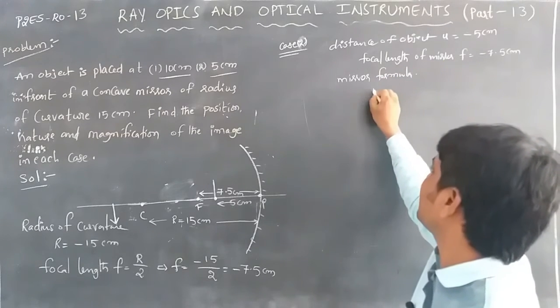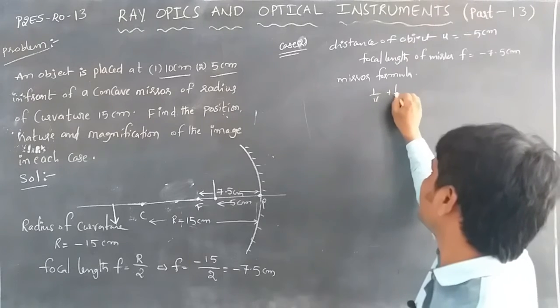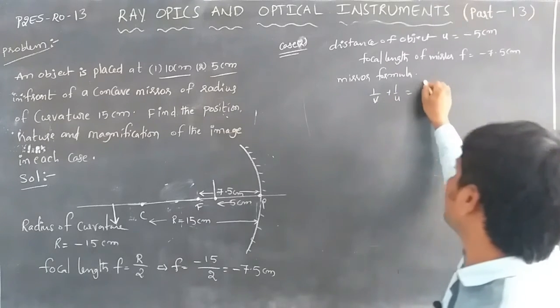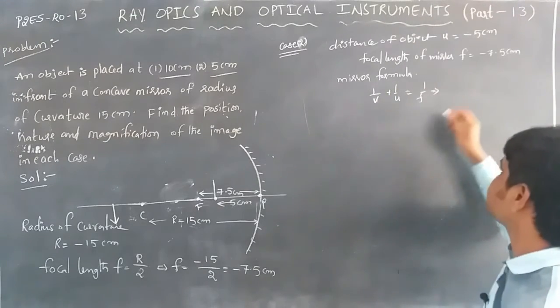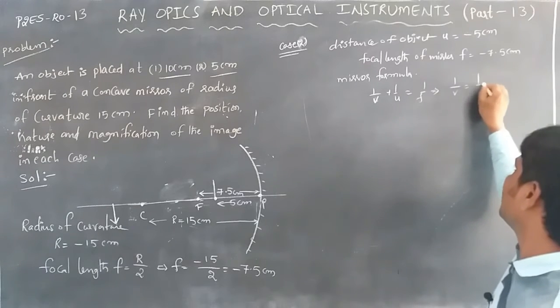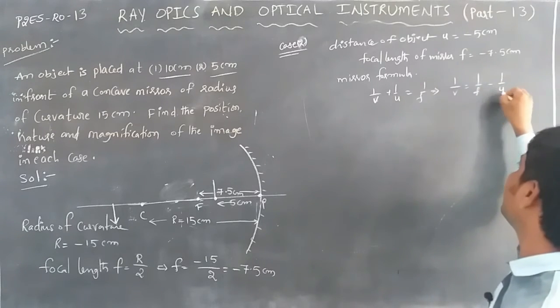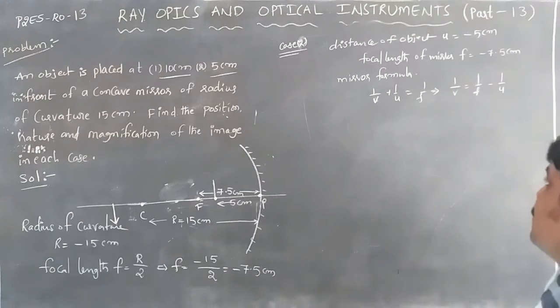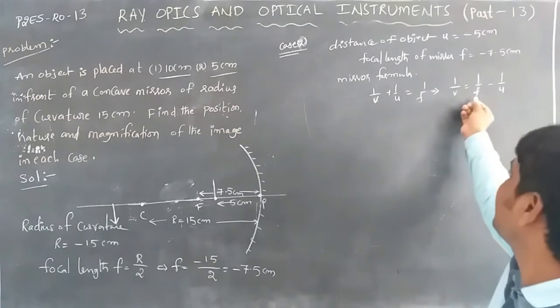From the mirror formula, 1 by v plus 1 by u is equal to 1 by f, that is 1 by v is equal to 1 by f minus 1 by u. From that equation, we can substitute the values.